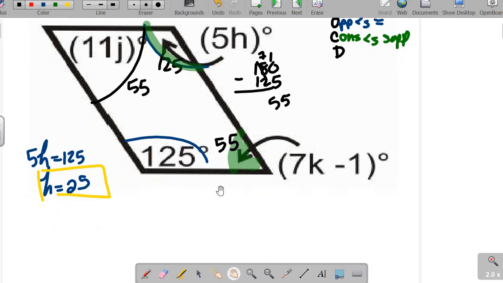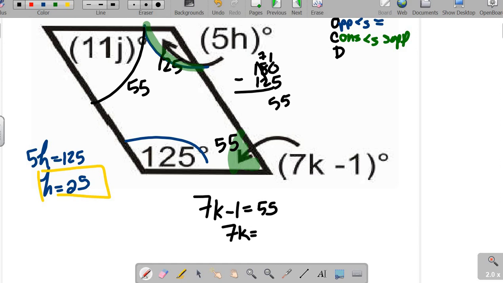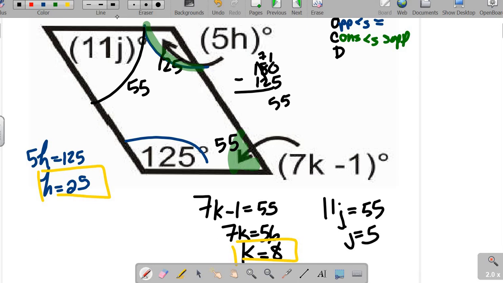And you can solve for the remaining variables. 7K minus 1 is 55. K equals 8. And then here is 11J equals 55. So J equals 5. Check your work. Write notes of correction.